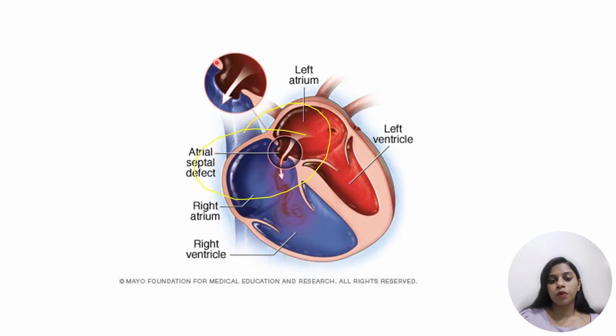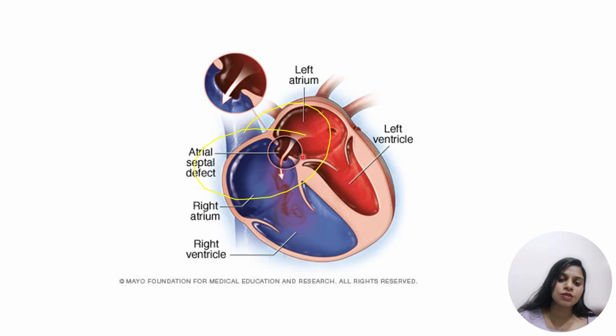Mostly the ASD will be seen in these locations, but there are different types of ASDs, which we will discuss in the upcoming slides. You can see there is a red color and here is a blue color. This is the oxygenated blood on the left side of the heart and this is the deoxygenated blood on the right side of the heart.